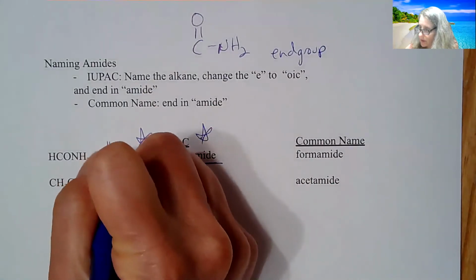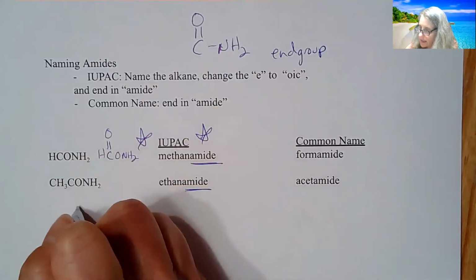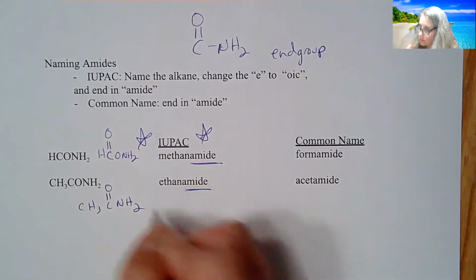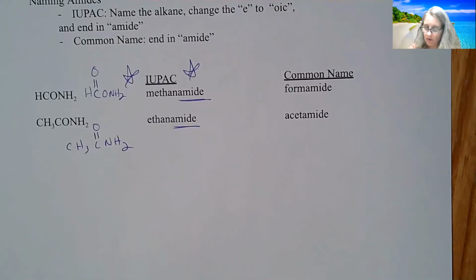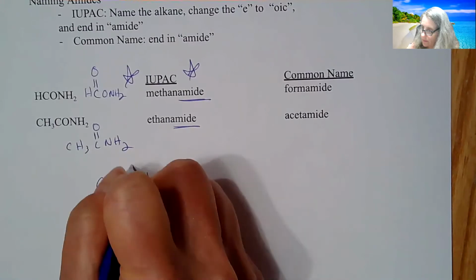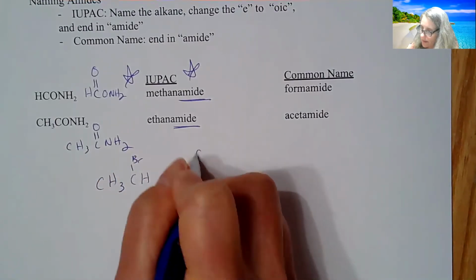So again, I'm going to draw this, so you can see, and this one is CH3C double bond O NH2. Okay, so ethanamide. All right, so just like the other example, I'm going to put a bromo there, CH2C double bond O.